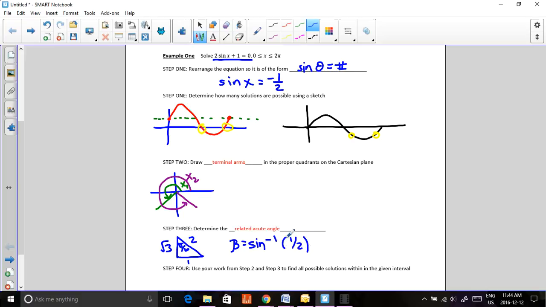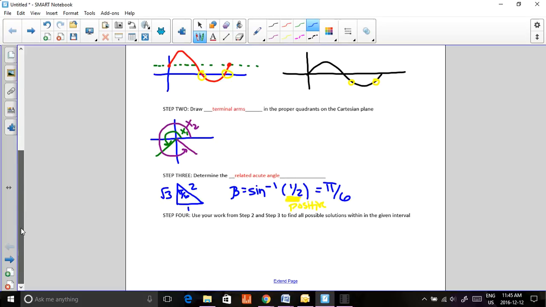We always use a positive number here. When you're finding beta, this should always be positive, only for beta, because beta is always acute. So using our special triangle, we can determine that beta is pi over 6. If you had used your calculator, you would have gotten some crazy long fraction or decimal, whereas pi over 6 is an exact radian value.